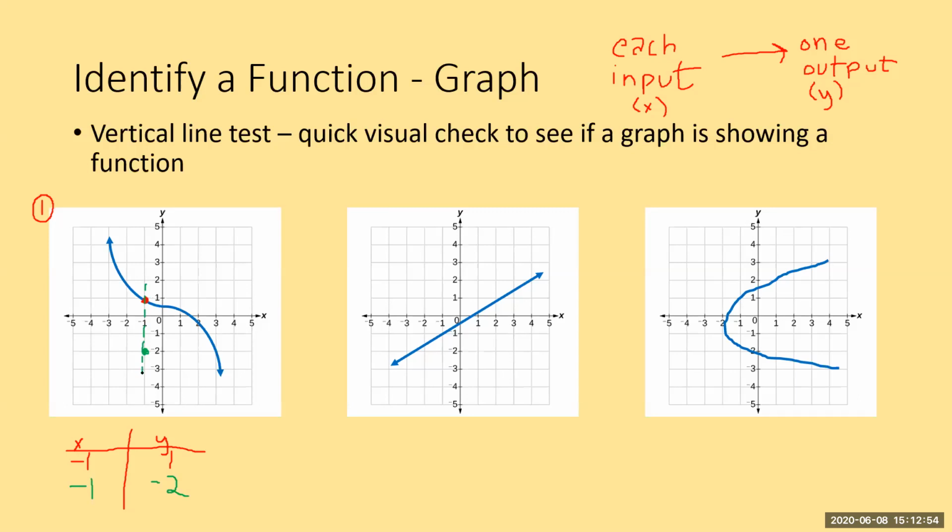And so that's where the vertical line test comes in. The vertical line test is a way for us to quickly visually check and see if we've got exactly one output for each input. So the way that we do the vertical line test, I'm going to erase this extra stuff I just put on the graph.